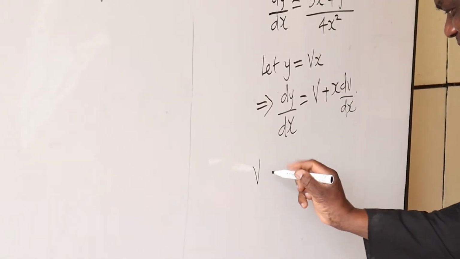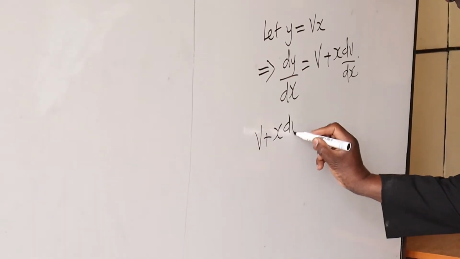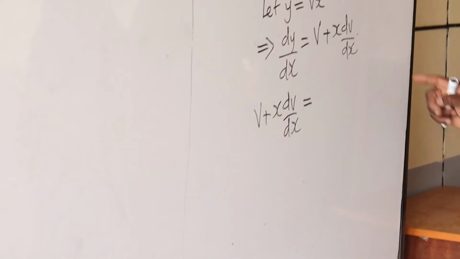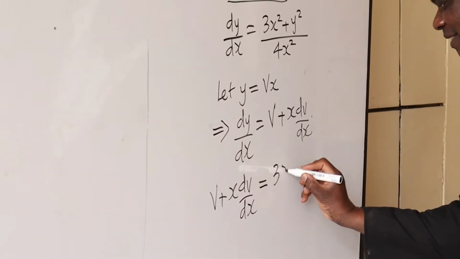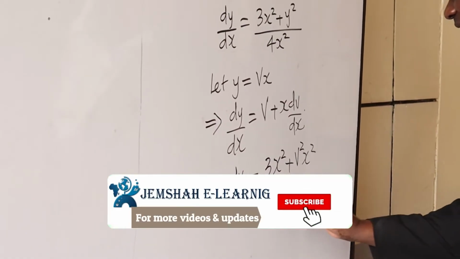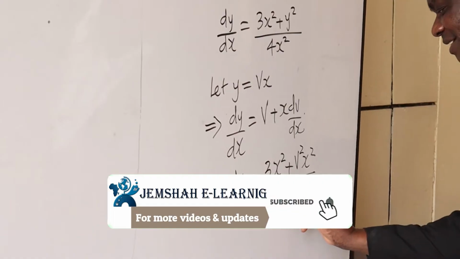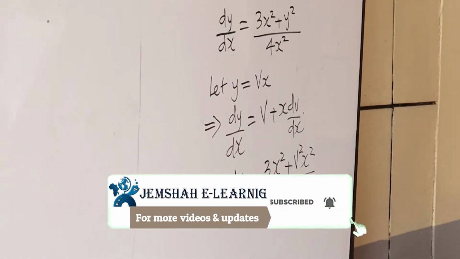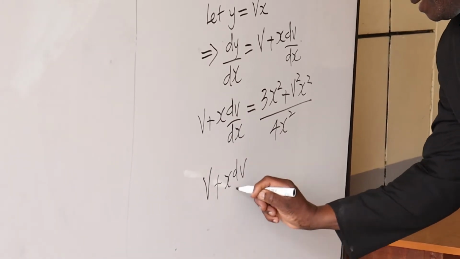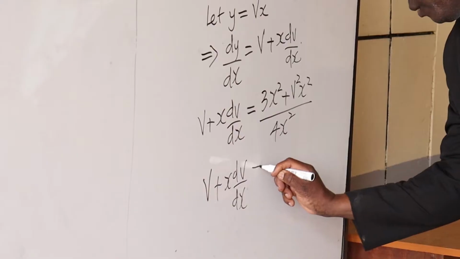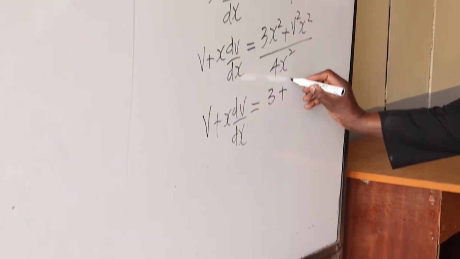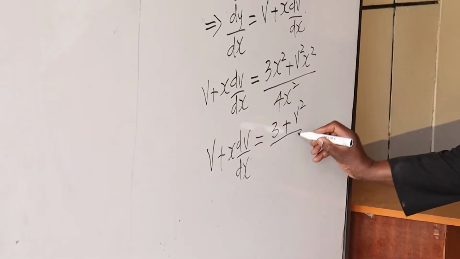It will be v plus x dv dx being equal to 3x squared plus v squared x squared all over 4x squared. So v plus x dv dx will be equal to 3 plus v squared all over 4.